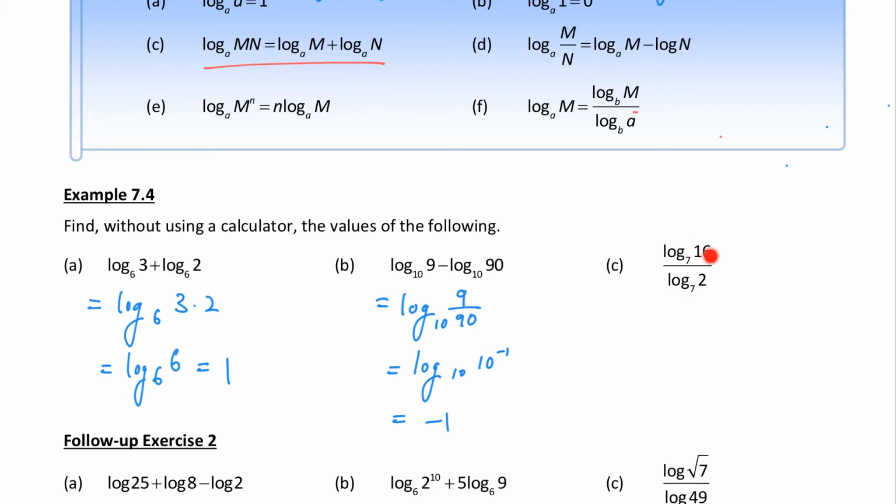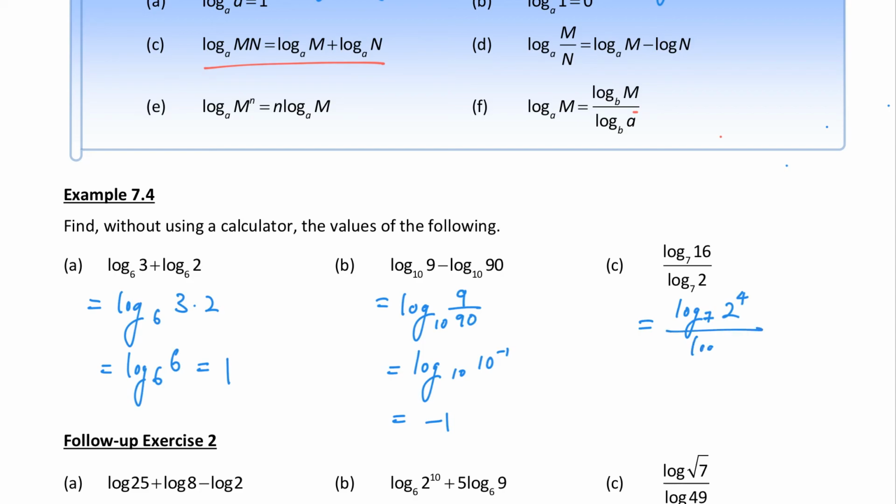I find 16 can be changed to 2 to the power of something. If you want to eliminate log over log, in general we use the method of elimination. Since 2 to the power 4 is equal to 16, I change 16 to 2 to the power 4 with base 7.